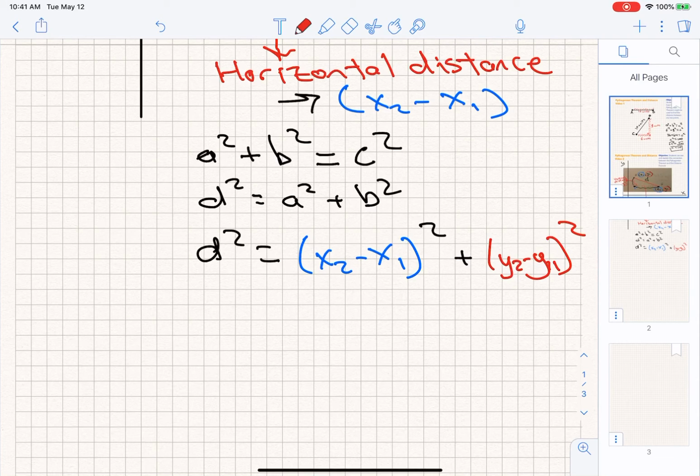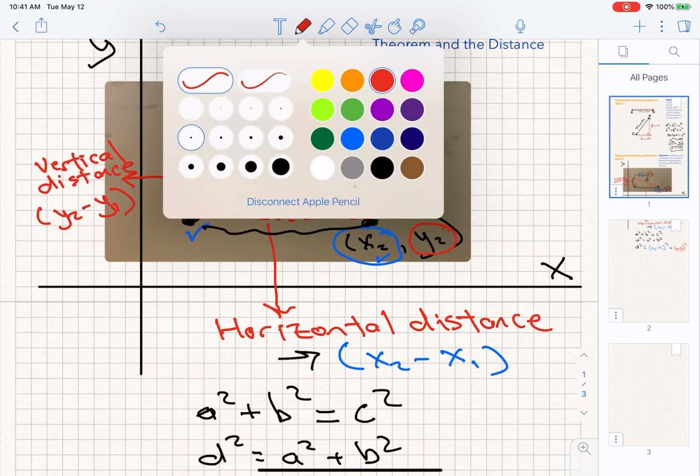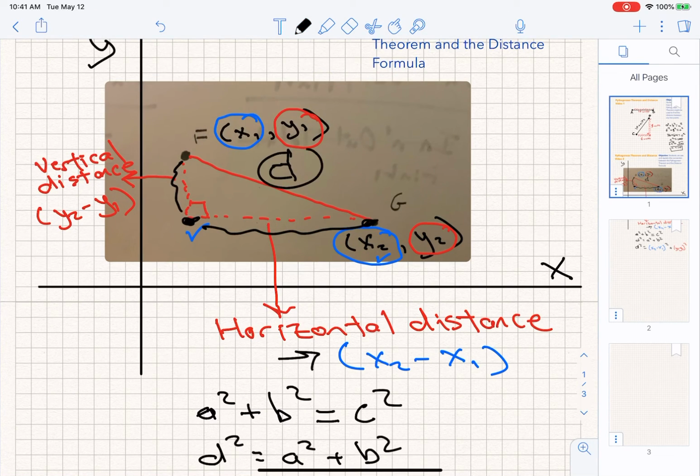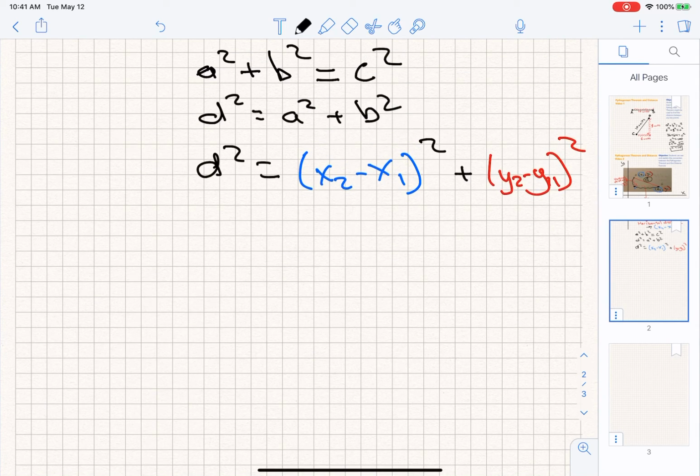And what we want to do now is find not d squared, but d. All we need to do is the same kind of maneuver we've been doing all along with the Pythagorean theorem. We're going to take the square root of this side, and this looks scary, but don't worry about it. We're going to take the square root of that side too.